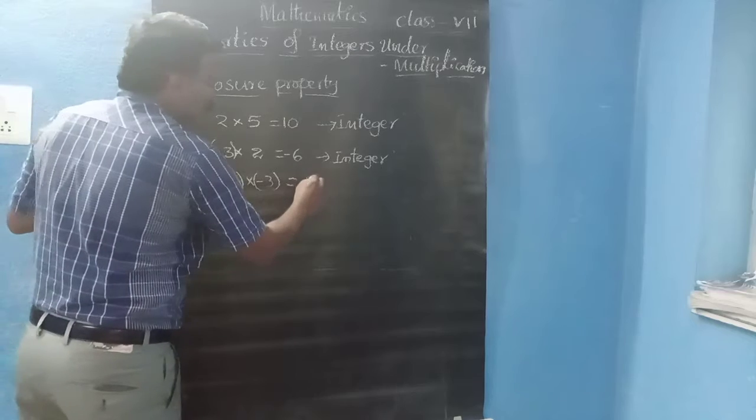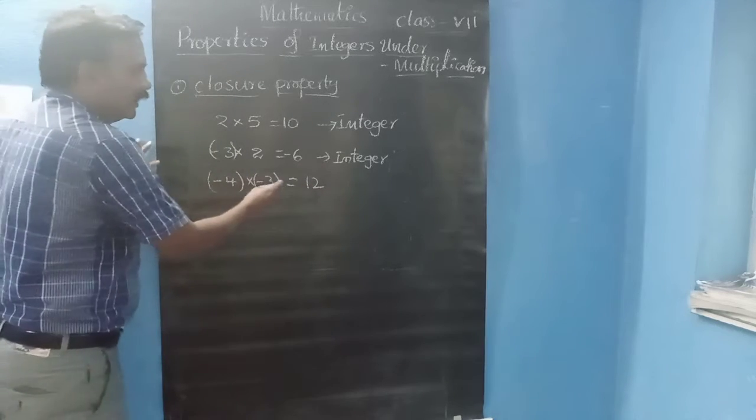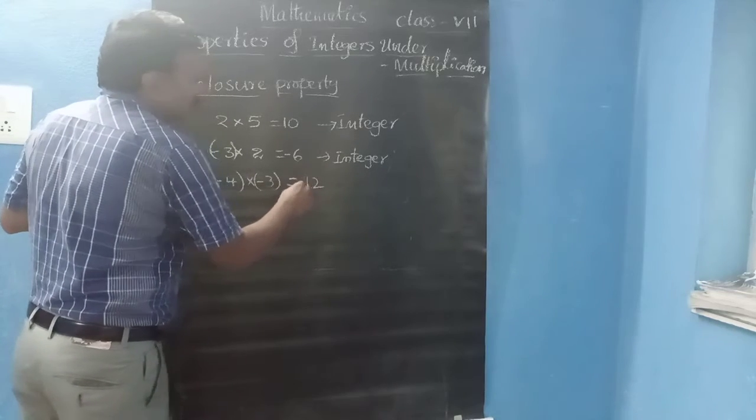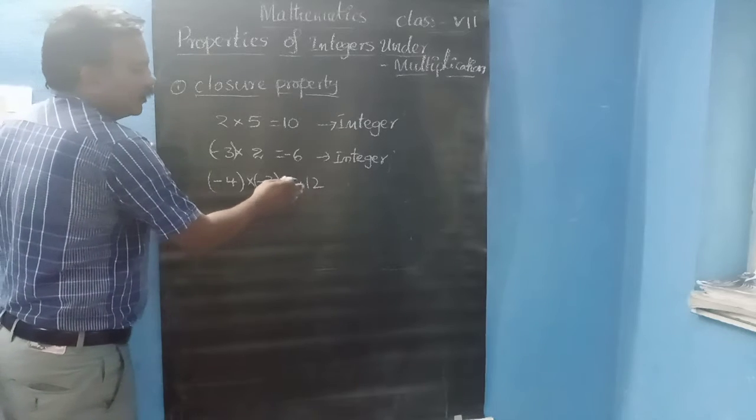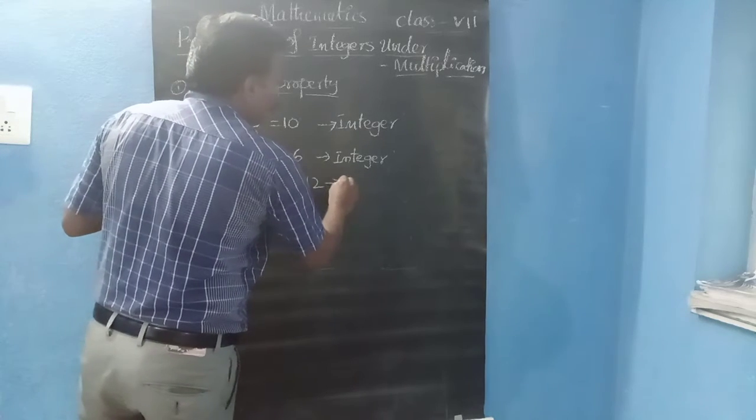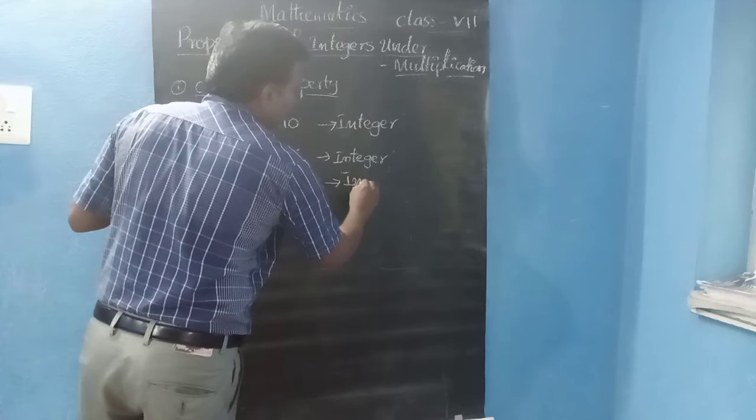Minus 4 into minus 3: four 3s are 12. Minus into minus is plus, positive sign. If you do not write the sign, also no problem. So 12 is also an integer.